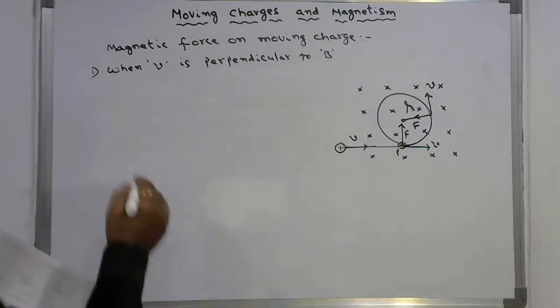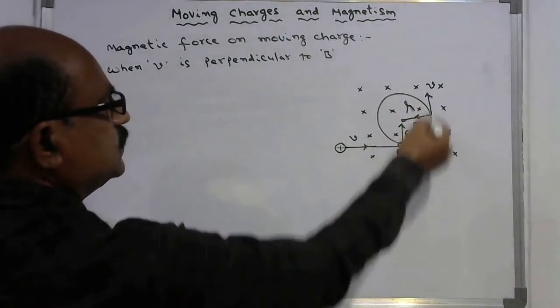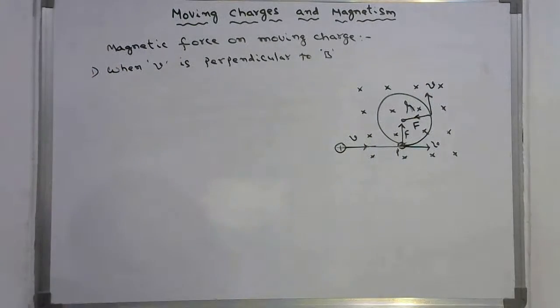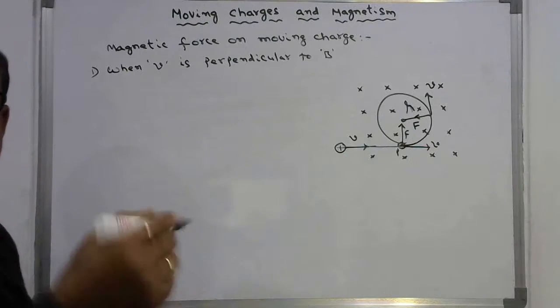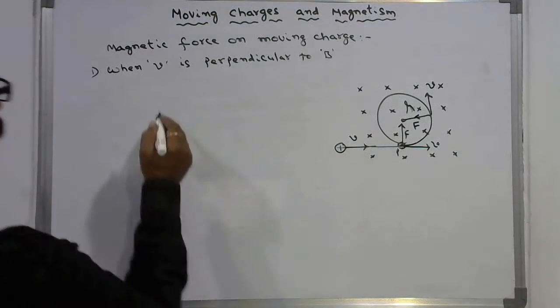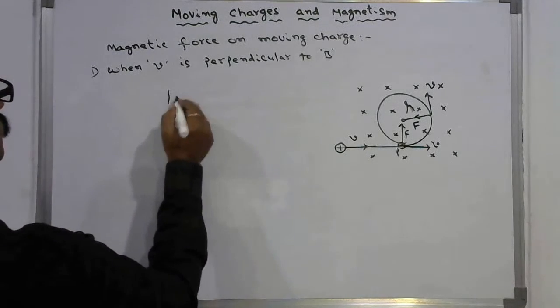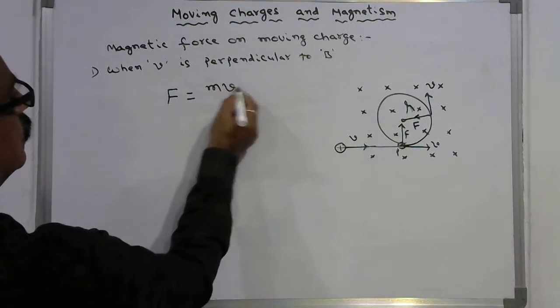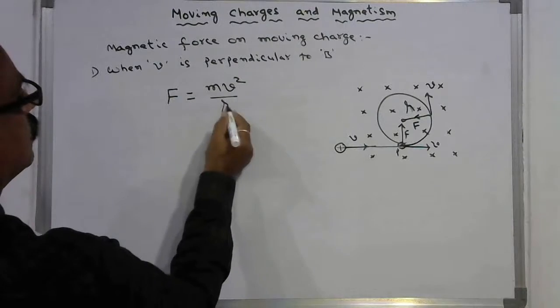Now, what is the radius with which it deflects in the perpendicular field? We know the centripetal force is equal to mv square by r.